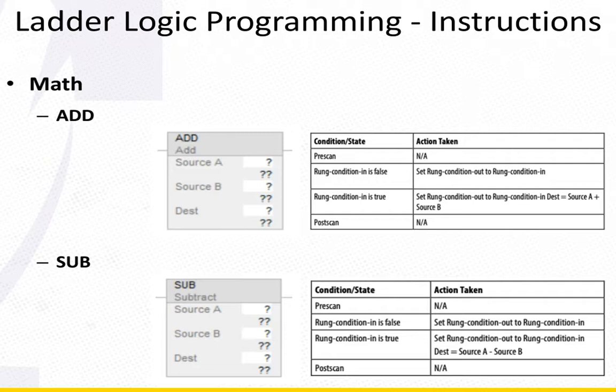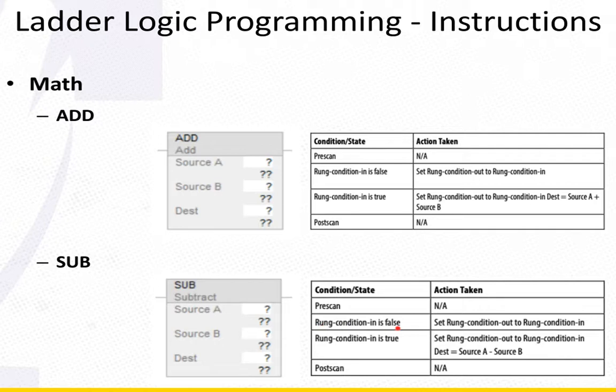However, just like in the addition instruction, we must provide it with the name of a tag where it will store the result of source A minus source B. So notice here, this tells you what it's actually going to do, and it's pretty important. With addition, it doesn't matter the order, but with subtraction, it does.